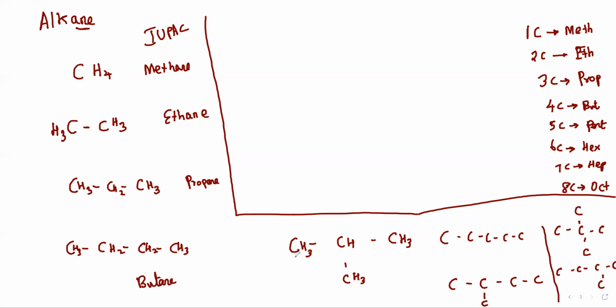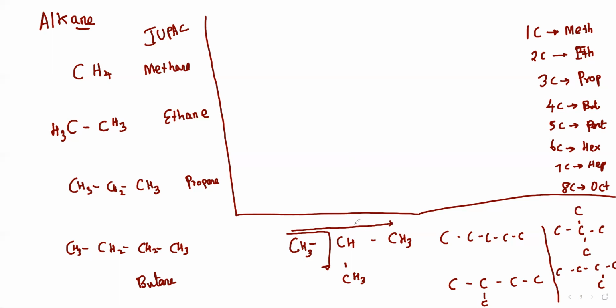So how to fix the IUPAC name? For the IUPAC name, you always look at the straight chain. You have to look at the number of carbons present in the straight chain, and from that you find the name. How many carbons are in the straight chain? 1, 2, 3. Or else you can put it like this: 1, 2, 3. Straight connection. This will be the straight chain formation.